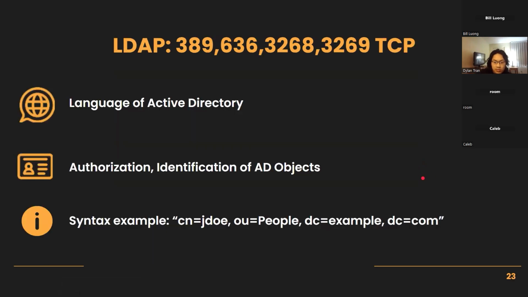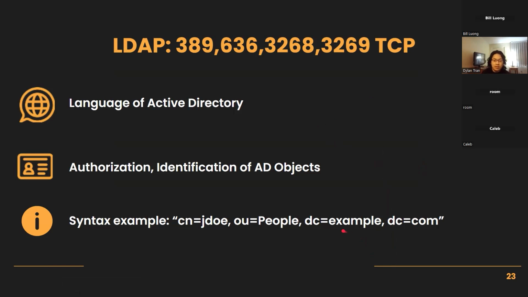So coming up next, we're going to move into LDAP, or as I was saying, the language of Active Directory. It follows this syntax of identifiers. On the bottom, you see CN=JDO, OU=people, DC=example, DC=com. You could think of LDAP almost like a file system through these identifiers, with the ones on the far right being the sort of root of it, right?